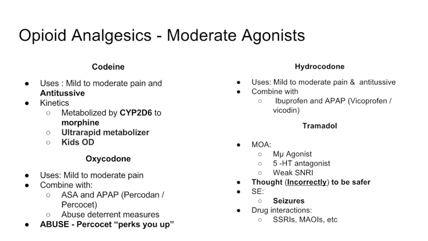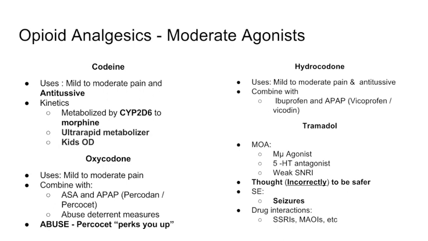I apologize for digressing. Anyways, codeine is a mild to moderate potency opioid, but what you'll sound really smart knowing is that it's a very good antitussive. When you take it as a cough suppressant, which is what antitussive means, like guaifenesin and codeine, Robitussin with codeine, it's not for pain relief.